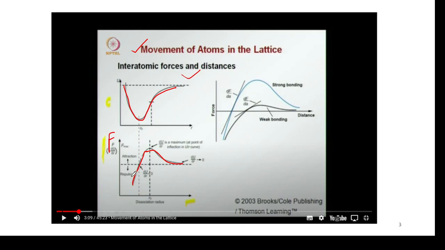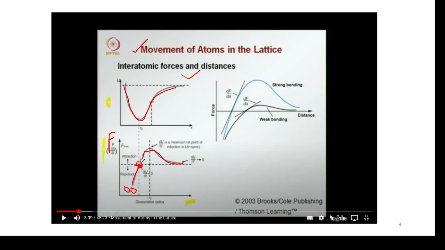And you can see when the distance is very small, the repulsive forces may be even predominantly higher than the attractive forces, because the same type of atoms will come together and they will try to repel each other. And when there is an equilibrium distance, at that point there is a minimum force required to hold them together.